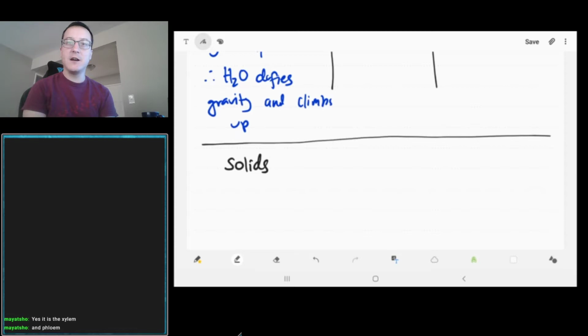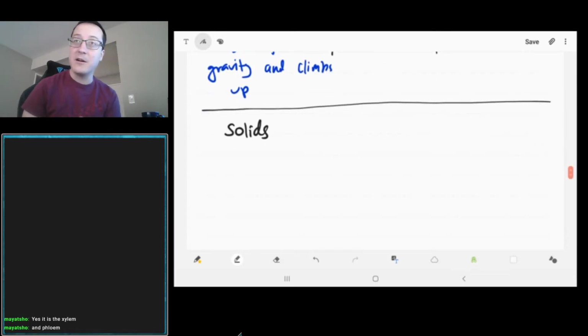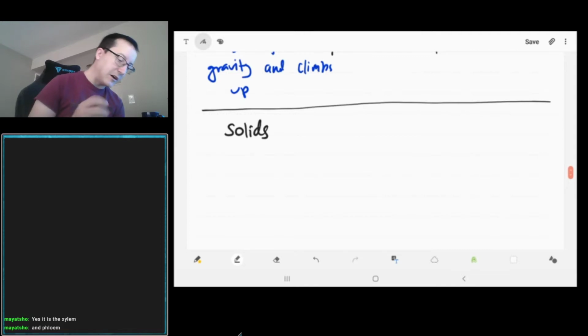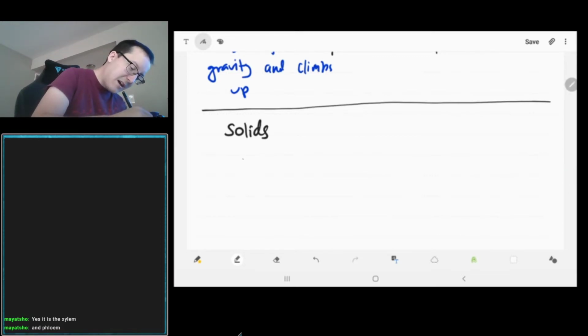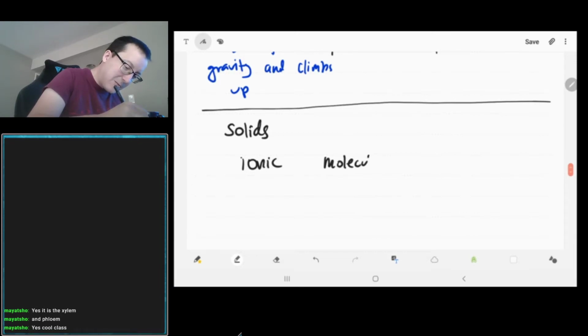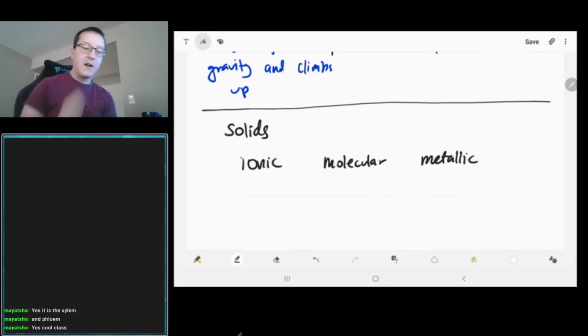The solids we're going to see are pretty boring because they're pretty stable. They don't have a lot of exciting things, but we can talk about different categories of solids. We have ionic ones, we have molecular ones, and we have metallic solids as well.